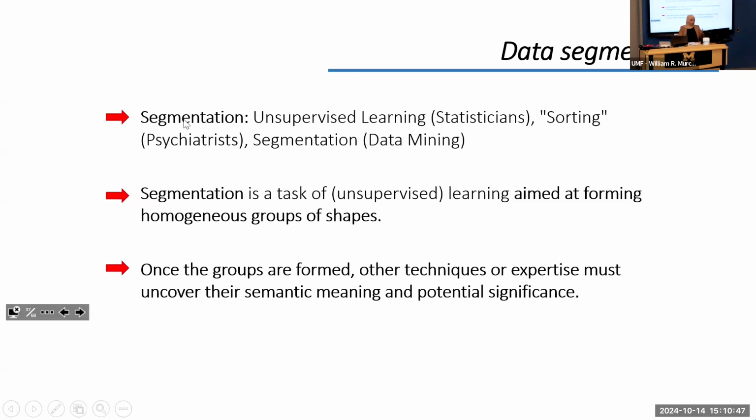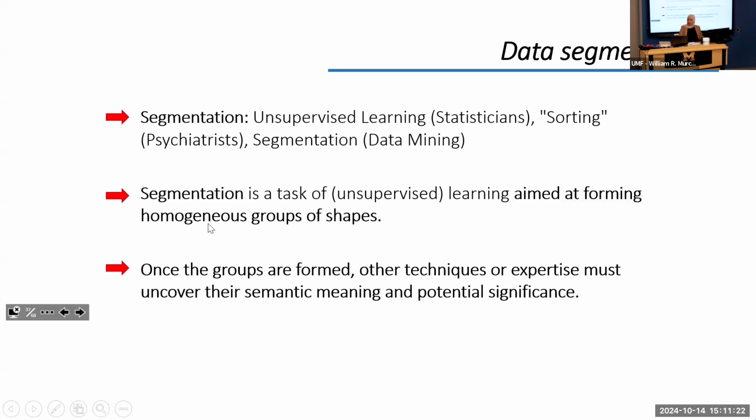People from a data mining background call it segmentation. So if you come across one article, you'll find unsupervised learning, and they're talking about segmentation. You find sorting, it's the same thing. Keep in mind that sometimes we all mean the same thing but are just using different terminology, okay? It's synonyms.